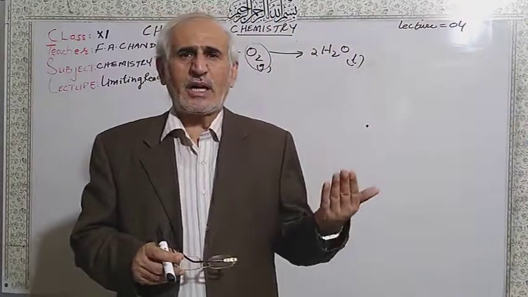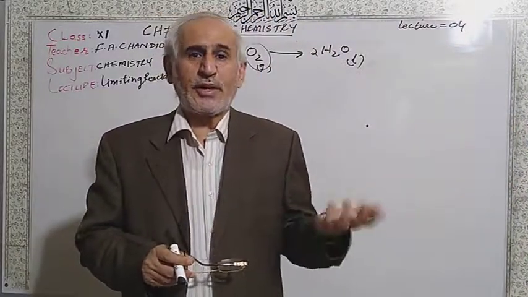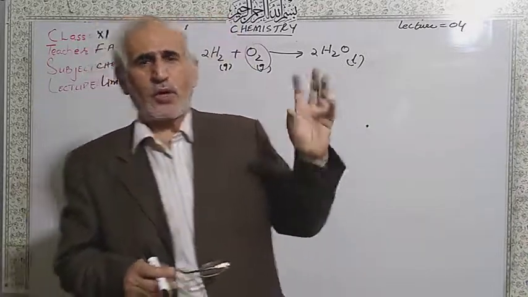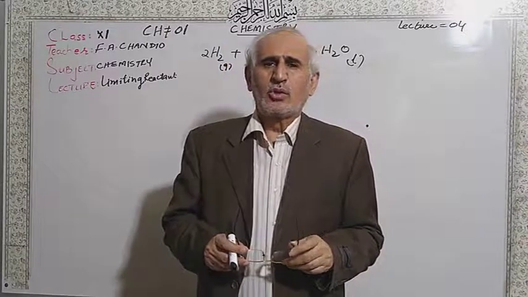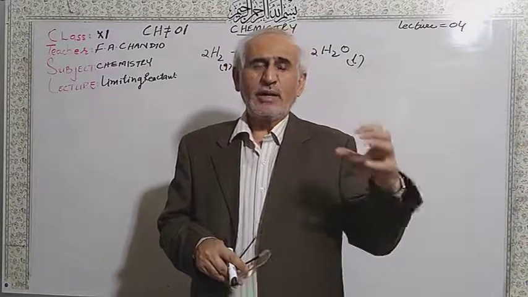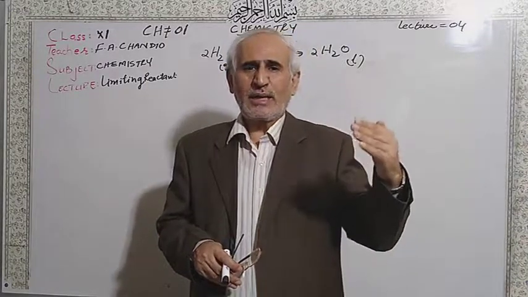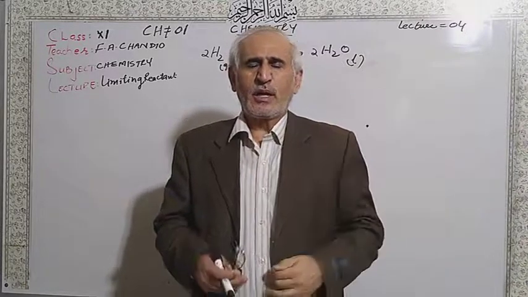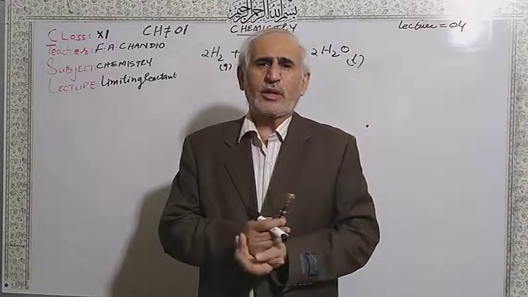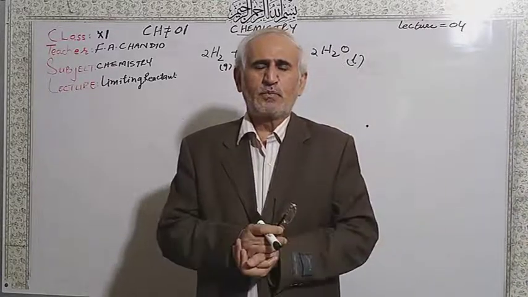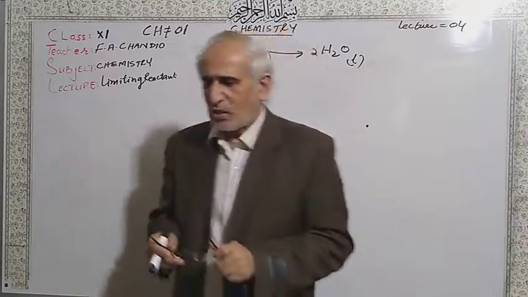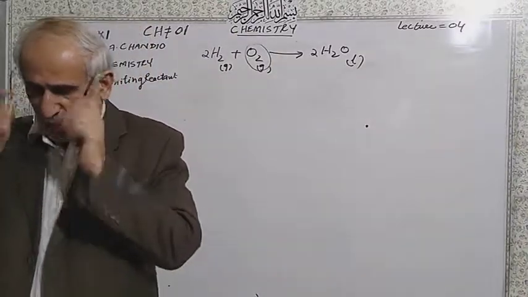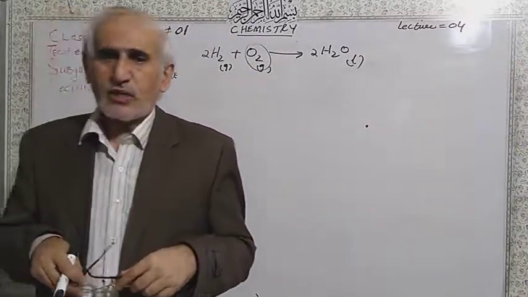Industries produce only the required amount of the product. So one reactant is going to be in lesser amount. When the required amount is produced, automatically the chemical reaction stops, production finished. So the first use is that it controls the amount of the product formed.